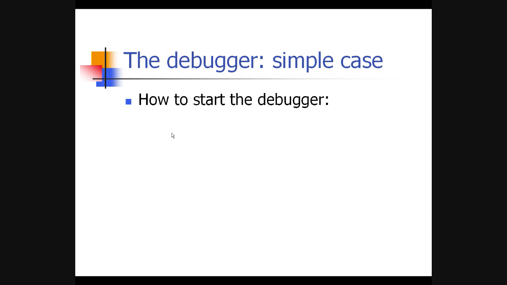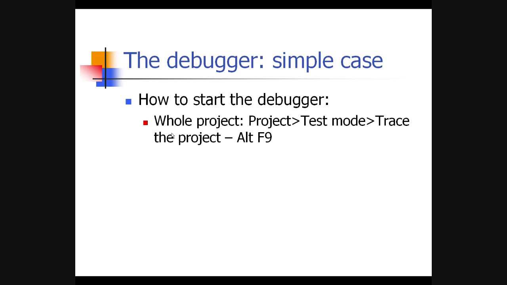Of course, the first thing is to know how to start the debugger. The debugger is a tool included in the main window of WinDev, and you can start it different ways. If you want to debug the whole project, you can go in the project menu, do test mode, trace the project, or also use the shortcut Alt F9.